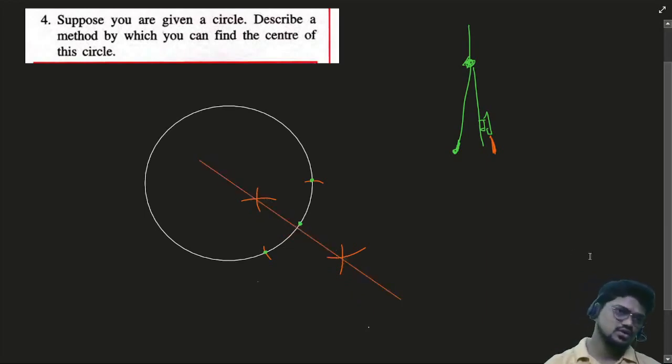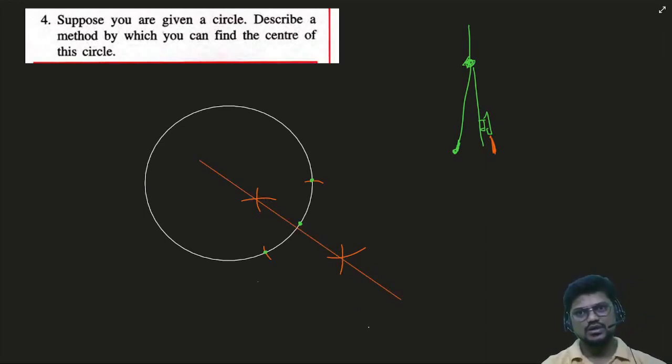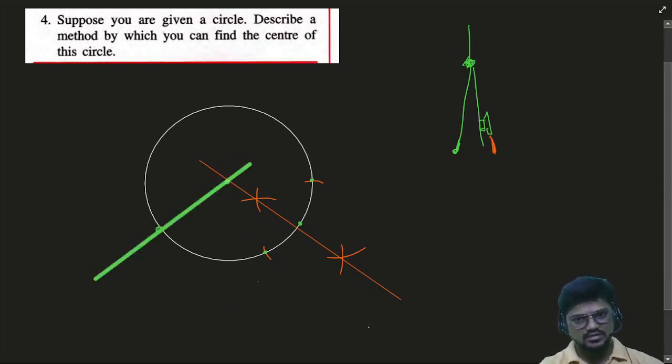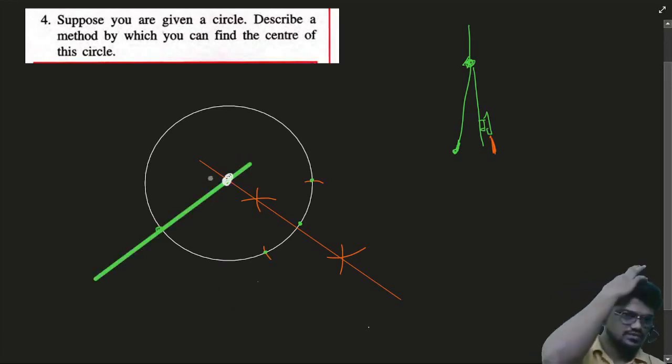After that, draw this line. Apply the same steps for one more point over here, and then draw a line. Got it? The point where the two lines intersect will be the center of the circle.